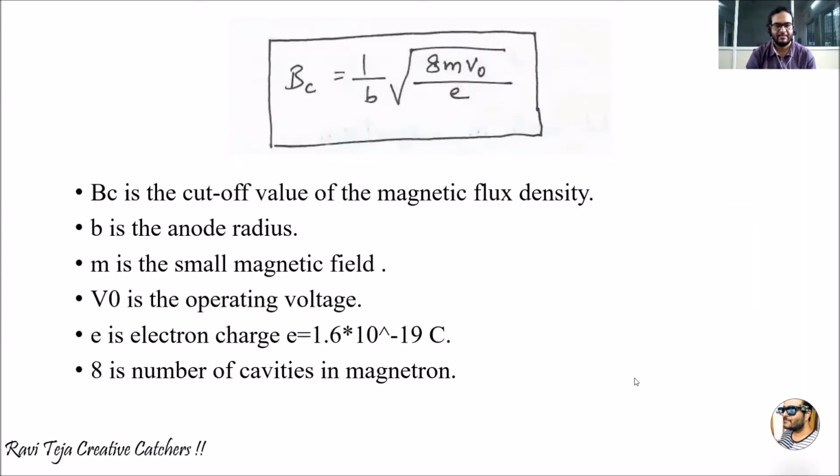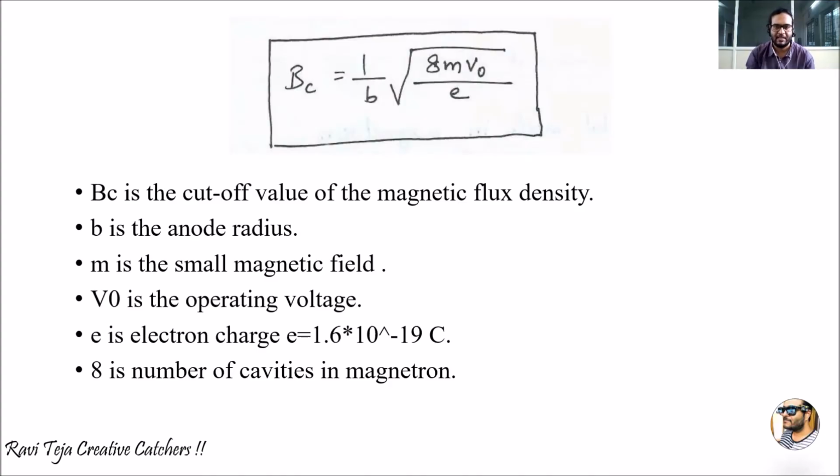The Hull cutoff is given by BC = (1/b) √(8mV0/e), where BC is the cutoff value of the magnetic flux density, small b is the anode radius, small m is the electron mass, V0 is the operating voltage, and e is the electron charge, which is 1.6 × 10^-19 coulombs, or C. The 8 indicates the number of cavities used in the magnetron.